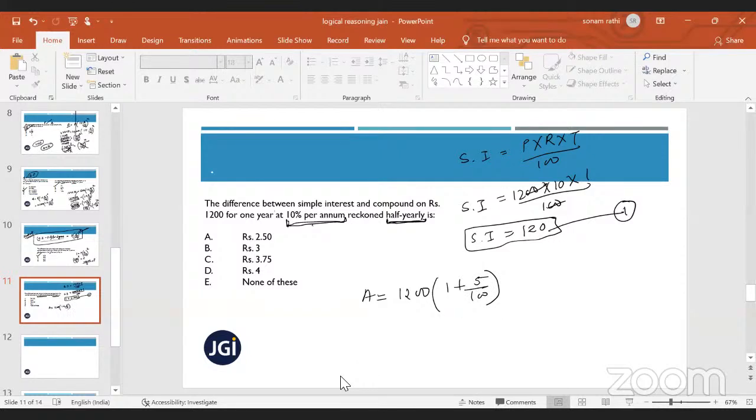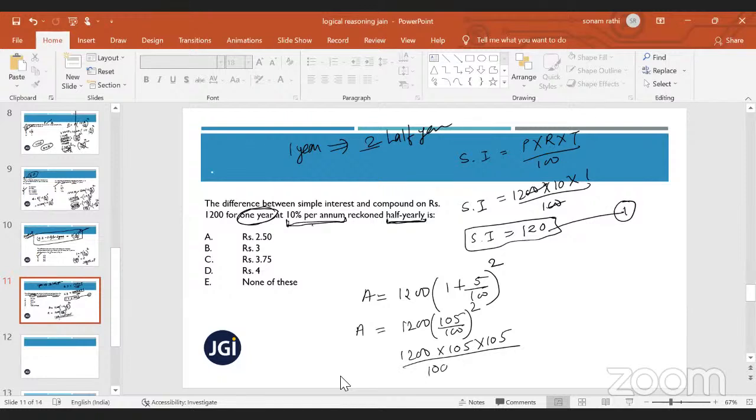In 1 year, how many half years are there? 2. So n will become 2. Now calculate this. 105 by 100 square, 1200 into 105 into 105 divide by 100 into 100.